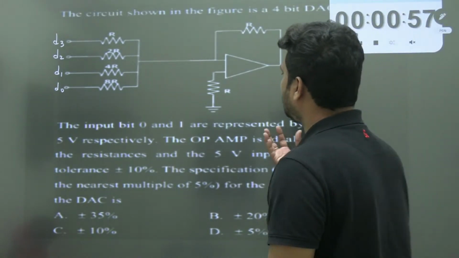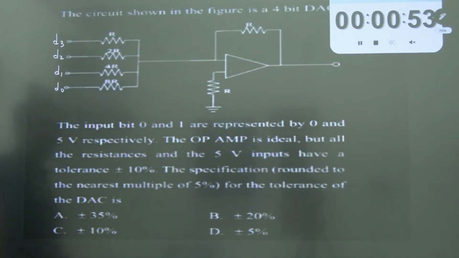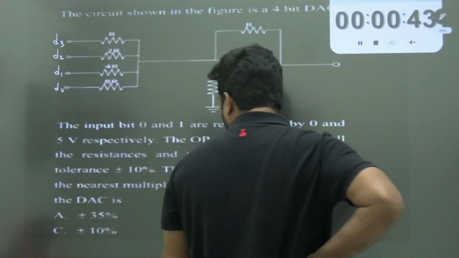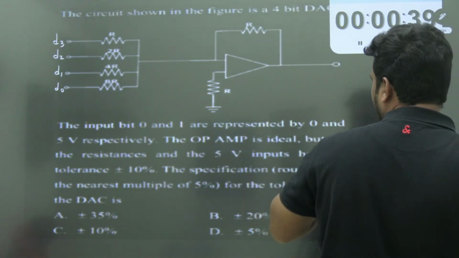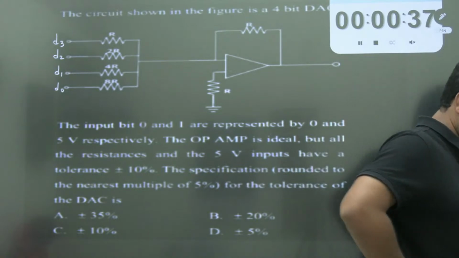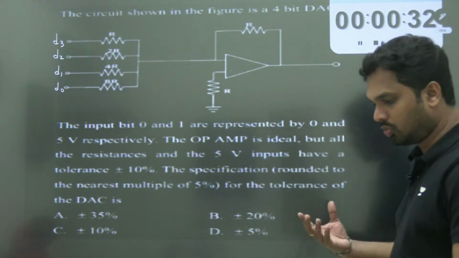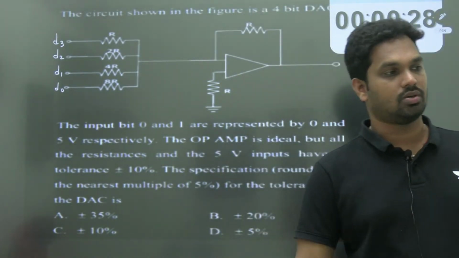So it is a weighted resistor type of DAC, 4-bit weighted resistor type DAC, 0 and 1 corresponding to 0 volts and 5 volts respectively. Op-amp is ideal, but all the resistances and the 5 volt inputs have a tolerance of 10%. Expected may vary plus or minus 10%. The specification of the tolerance is rounded to the nearest multiple of 5. How much variation can you expect in the DAC output is the question.